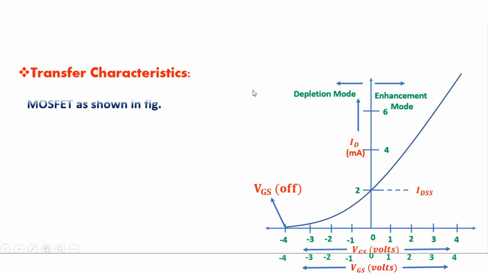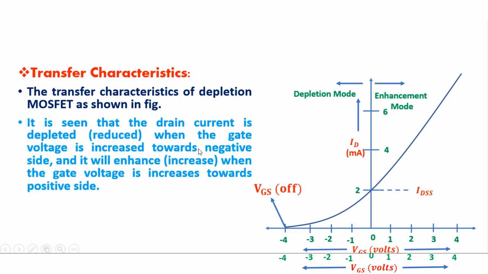Transfer characteristics. The transfer characteristics of the depletion MOSFET are shown in this figure. It is seen that the drain current is depleted, that is reduced, when the gate voltage is increased towards the negative side, and it will enhance, that is increase, when the gate voltage is increased towards the positive side.